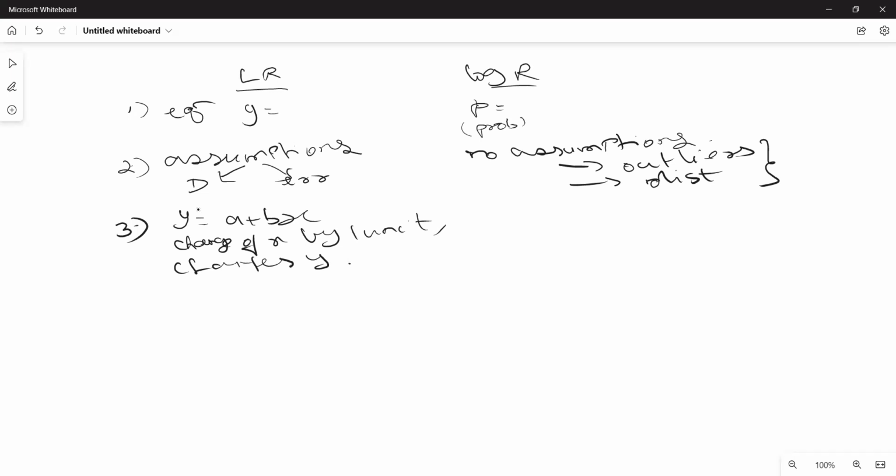Now for logistic regression, we have p equals a plus bx. We just put a hat here, it is p hat and y hat. So p hat equals a plus bx.